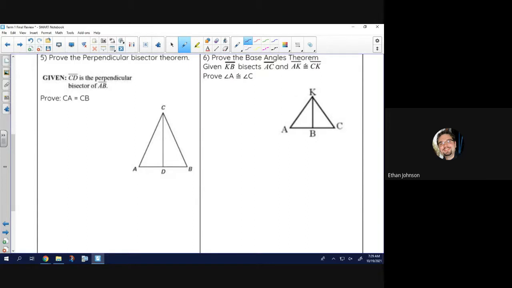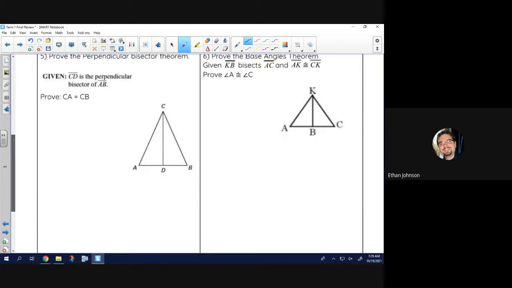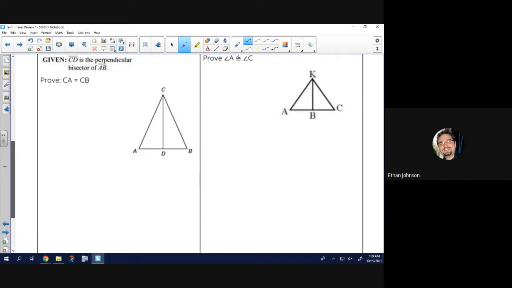But perpendicular bisector theorem. So we cannot use the perpendicular bisector theorem in its own proof, but that is A-okay. So we'll start off with our first given like how we always do.